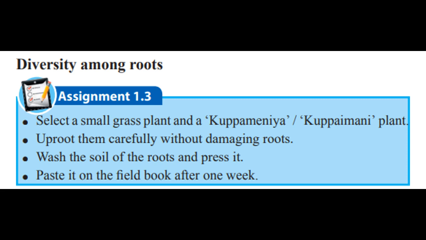Now you all know the reason to add water is to loosen the soil, because here we are going to study the roots, therefore the roots should not be damaged, right? So wash the soil off the roots, press them between pages of newspaper and dry. Understand? And then you have to paste these two different types of plants in your field book. So we will go see this experiment now.